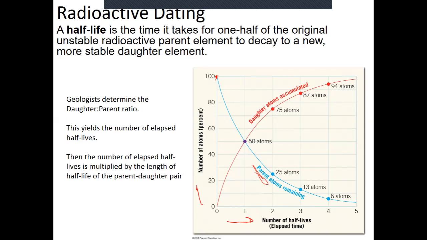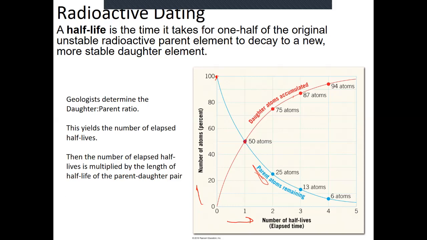Well, what do the parents decay into? They decay into daughters. So after one half-life, we only have 50% remaining parent, but now 50% of the atoms are daughters because the other 50% of the parents decayed into daughters.